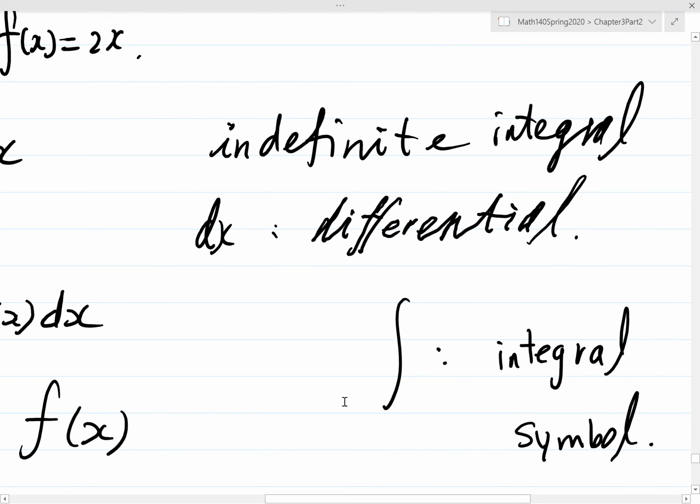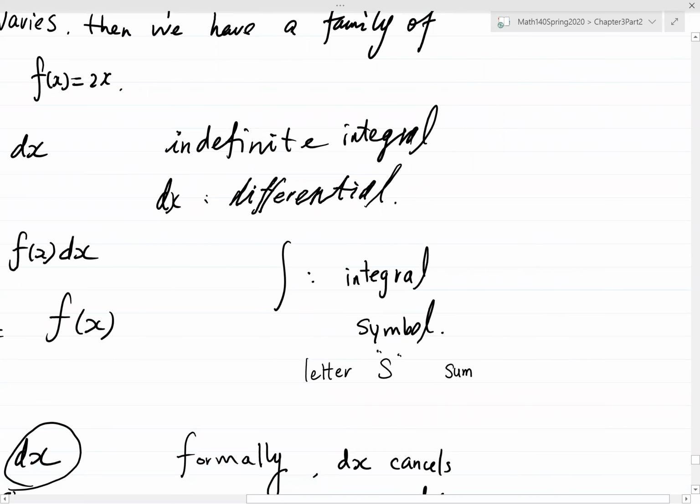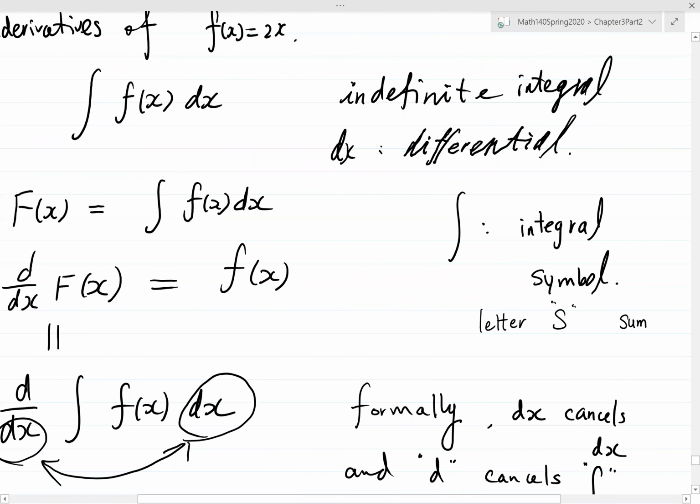This integral symbol looks like an S. It's actually an elongated S, which comes from the letter S. Here S means sum. In the next chapter, you will see why this is actually a sum.